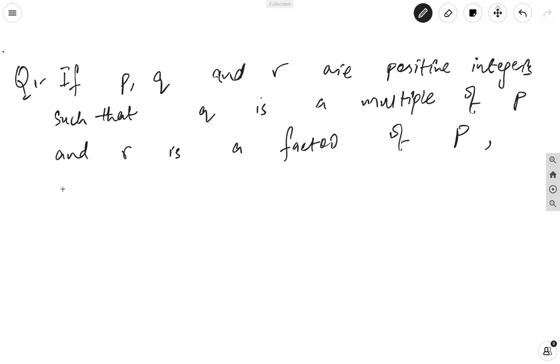Then the question is, which of the following is not an integer?